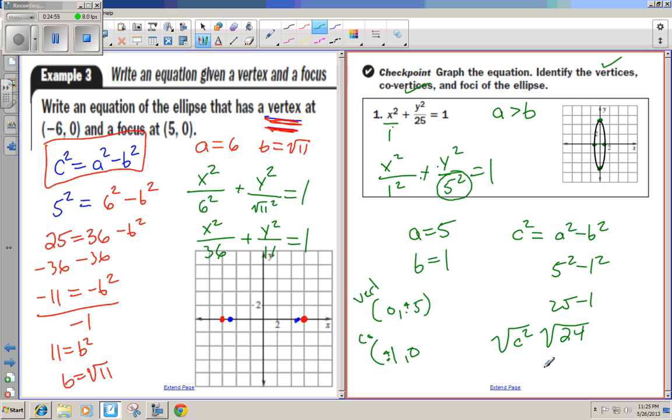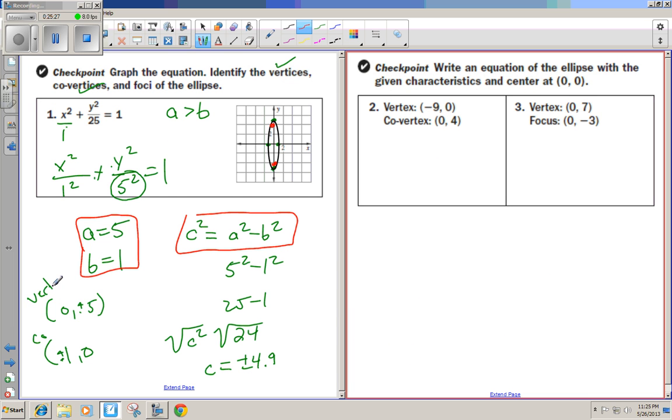When I square root both sides, c is approximately 4.9. So I'm going to have difficulty drawing that in there. It's about right here and right here. You use this to find the focus, and you use your understanding of where b and a are located in the equation.